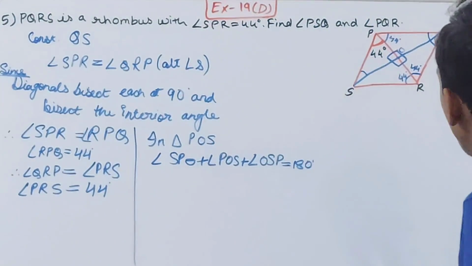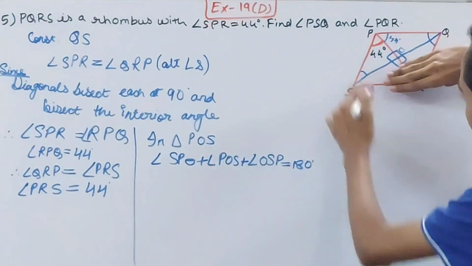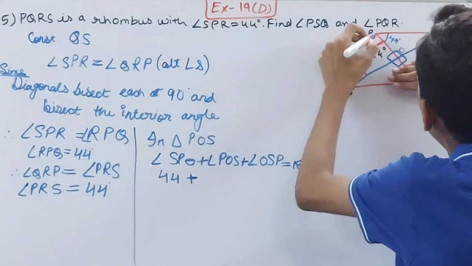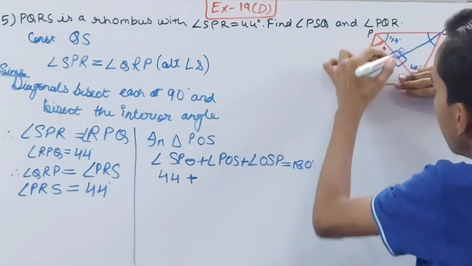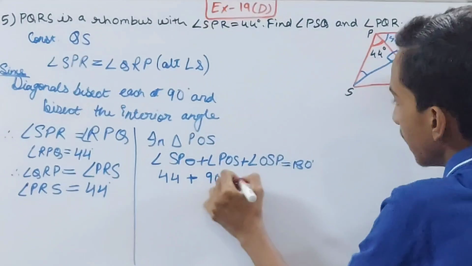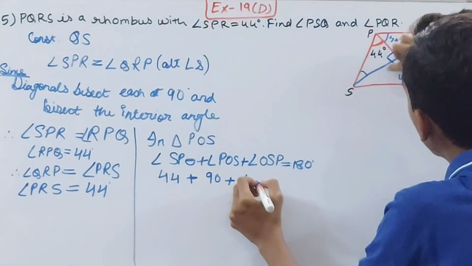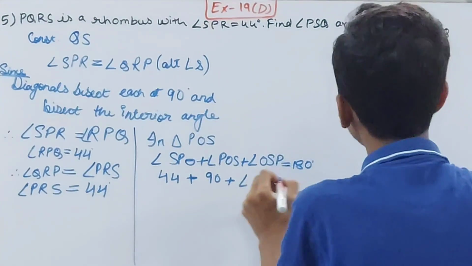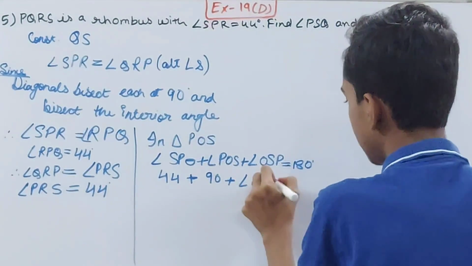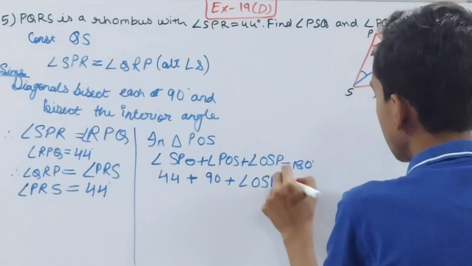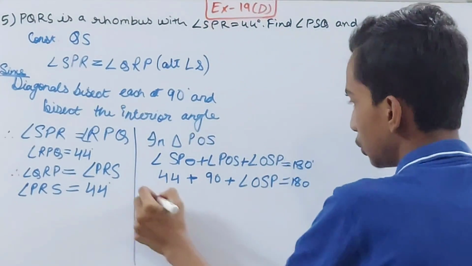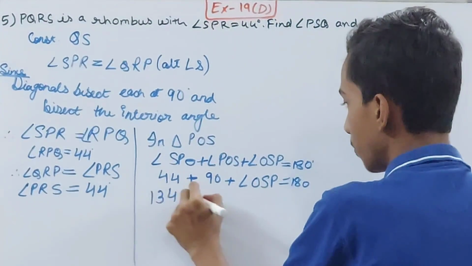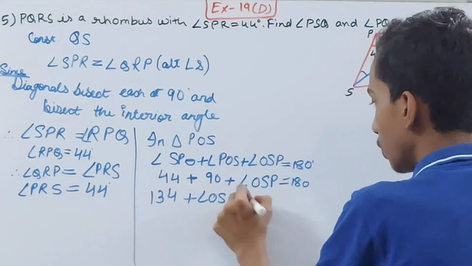So look here, what will happen? SPO is 44, POS is a right angle, so 90, plus angle OSP is 180 degrees. So 90 plus 44 is 134, plus angle OSP is equal to 180 degrees.